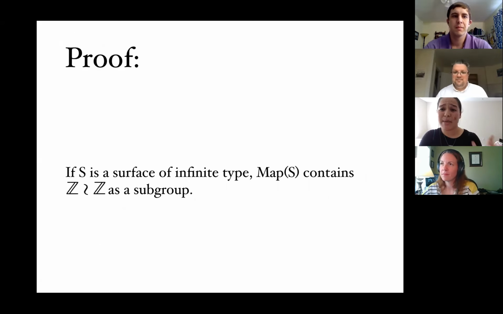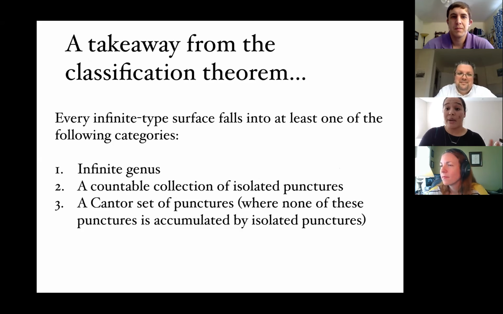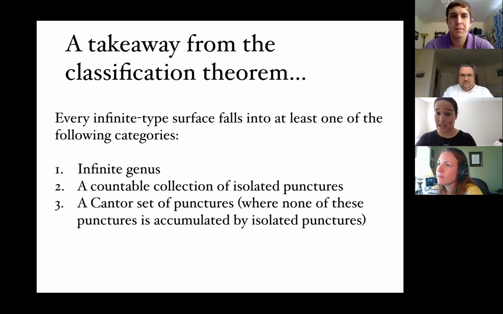So the first step in doing that is I want to find a way to divvy up my infinite type surfaces into different bins. And the bins I'm going to use are these three. This is a takeaway from the classification theorem. This is not obvious, but this is something that you can get from it. And it's that every infinite type surface falls into one of the following categories.